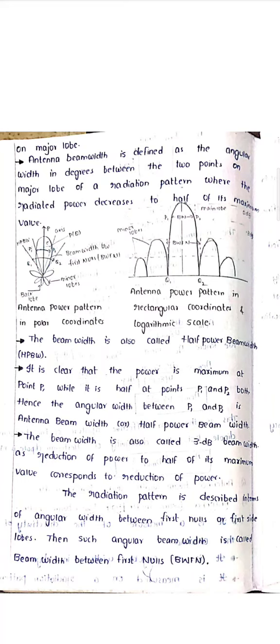The radiation pattern is described in terms of angular width between the first nulls or first side lobes. Such an angular beam width is called the beam width between the first nulls.